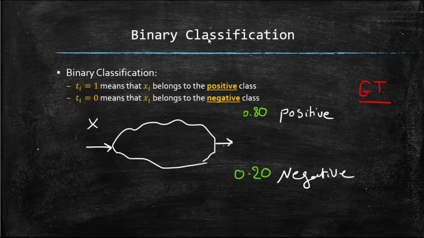And say for this particular x, we know that it actually belongs to class negative. And your machine learning algorithm has made a terrible mistake and is nearly sure that x belongs to class positive, right? So this is the training phase. It is bound to screw up.